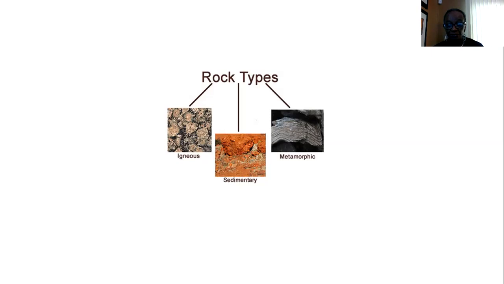So we say that those two terms are compaction and cementation. The sediments are classified according to their size. Extremely large ones, we say that that would be gravel and sand, we have silt, and then we have clay. And the rocks that are formed from them are certainly different.